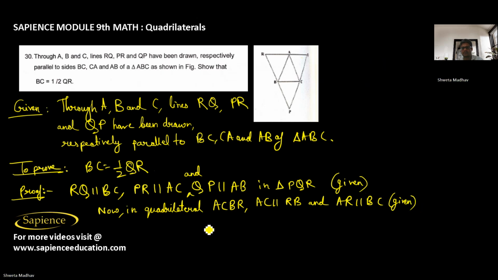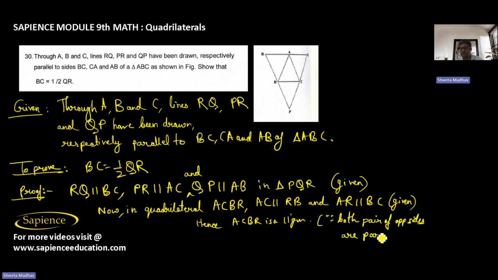Hence we can say that ACBR is a parallelogram, since both pairs of opposite sides are parallel to each other.